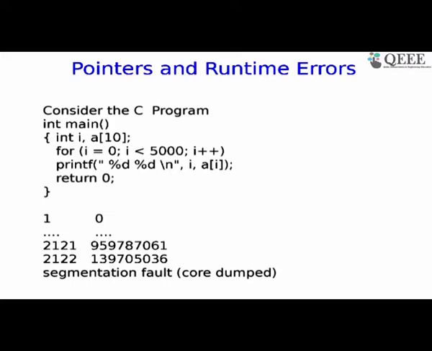This is not reproducible. Let me tell you again. If I run it again or you run it again, it may happen at 1500, it may happen at 3000, but more or less it's clear that if you go way beyond the actual size of the array that you have declared, which is 0 to 9, at some point in time a segmentation fault can come. So I'll show you more faults.